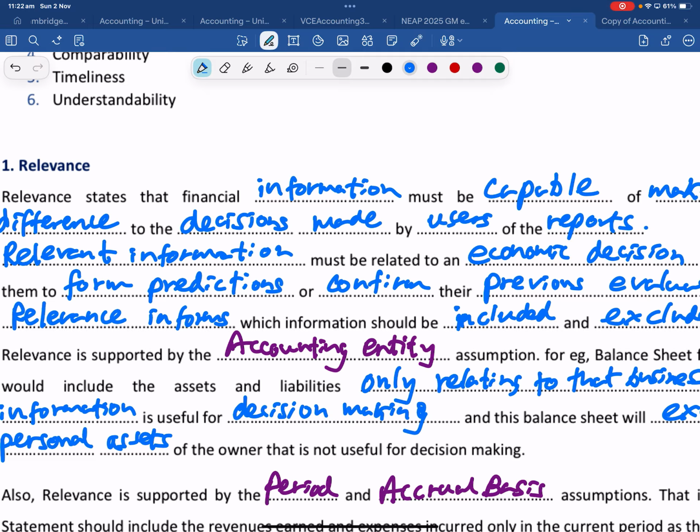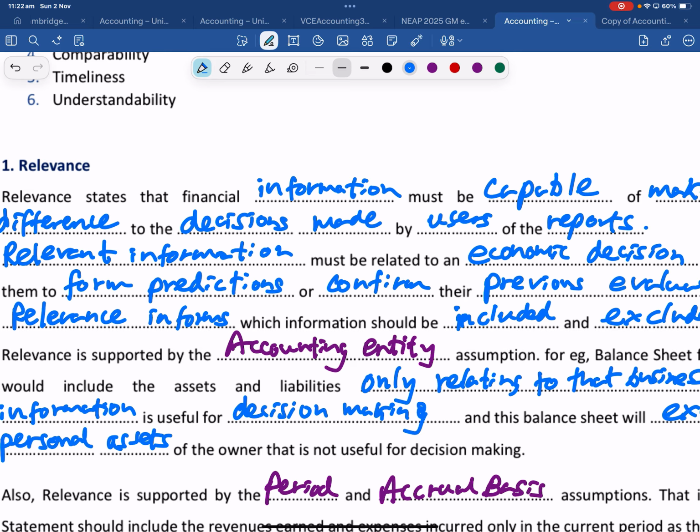Because the accounting entity assumption says only the information that is relevant to the business should be included. If there's anything for the owner, we have to exclude it, right? Then the balance sheet will include only the assets that are relevant to the business, okay?